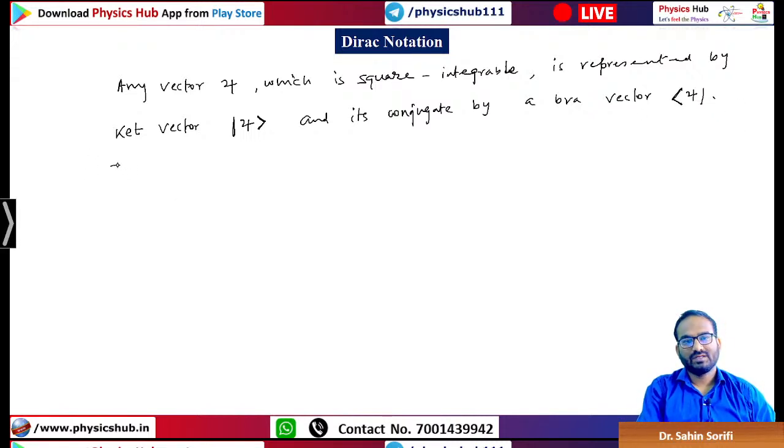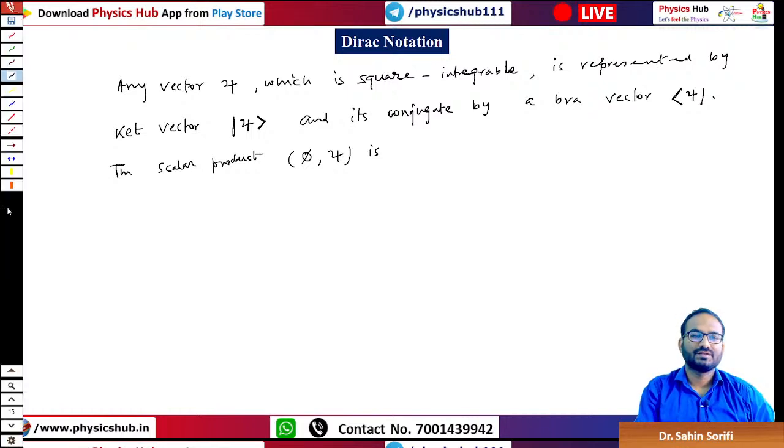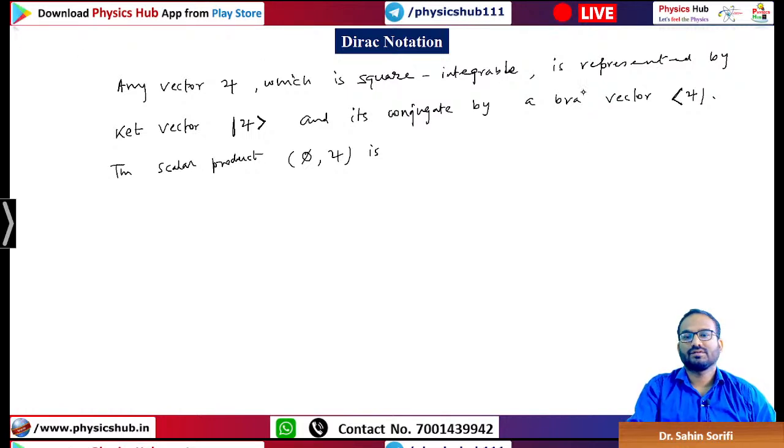Now the scalar product. How do you represent the scalar product? Let's say previously it was phi psi. This notation is known as bra-ket notation, because you see this is a bra and then a ket, that is why it is called bra-ket notation.